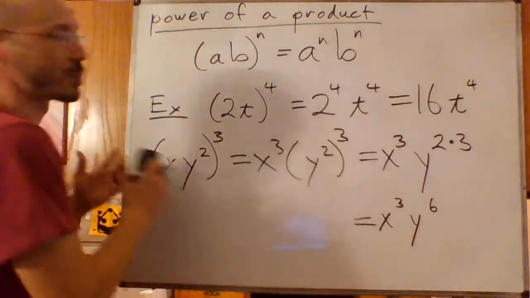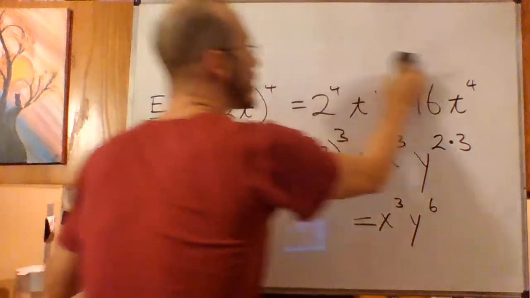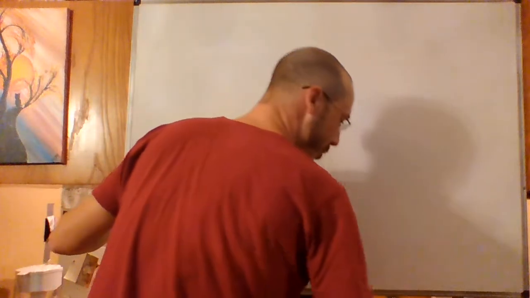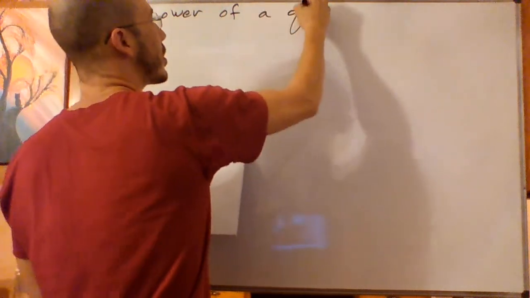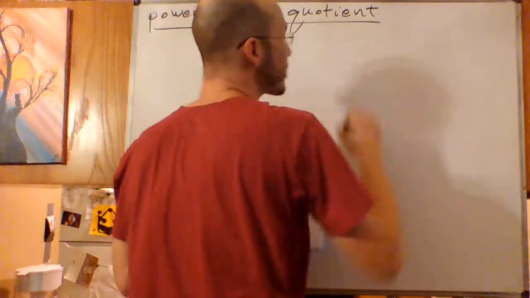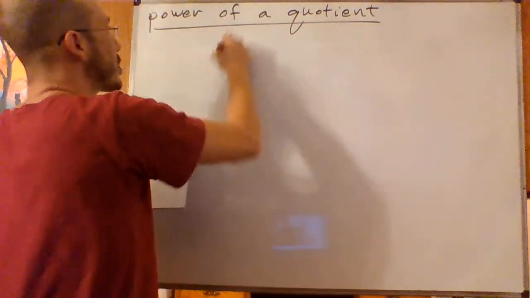And this next one is the final rule of all these exponent rules. It really corresponds to what we just did with the power of a product. This is the power of a quotient. I think it's actually good that there's two rules like this, because if there was only one of these, it would be easily forgettable. But there is the power of a quotient also.